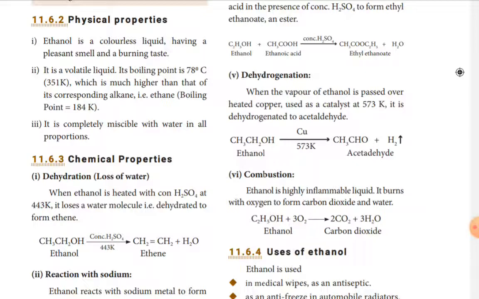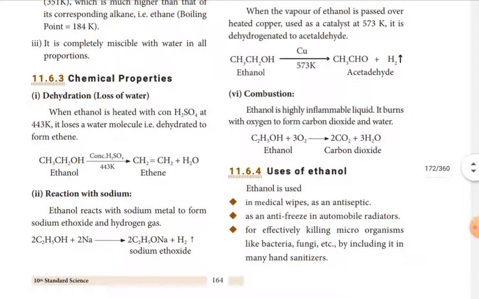Removal of hydrogen from a molecule of ethanol in the presence of a copper catalyst at 573 Kelvin gives acetaldehyde, or ethanal, by liberating hydrogen. Then the combustion reaction, that is burning in the presence of oxygen. Ethanol is highly inflammable and burns in the presence of oxygen to give carbon dioxide and water.